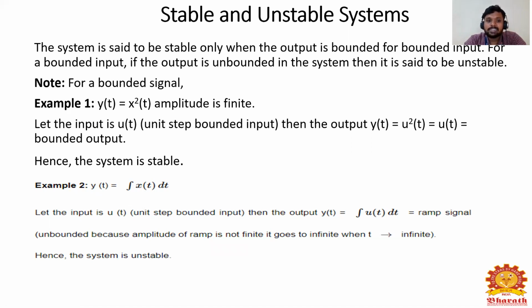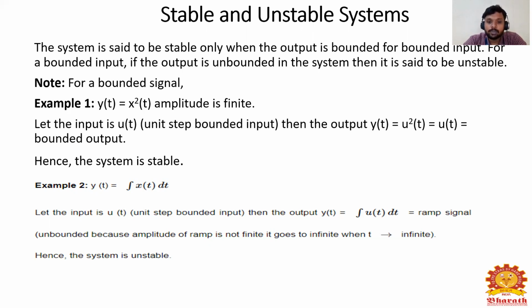So for a bounded signal, let us see an example for stable and unstable. In example 1, they gave y of t is equal to x square of t. The amplitude of x square of t is finite. Let the input be u of t, the unit step bounded input. Then the output will become, in the place of x square of t, u square of t.